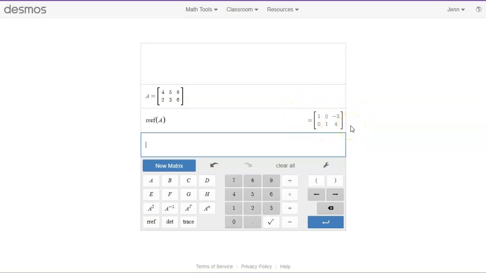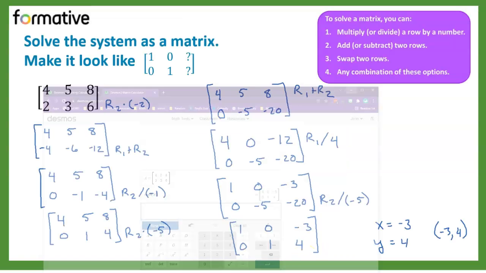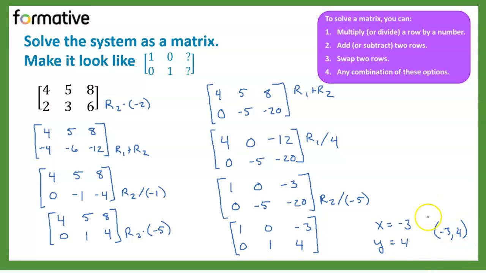So it just did all those steps that we did for us. It just solved that entire equation, says our answer is -3, positive 4, which you'll recall is what we got. So you can use the matrix calculator in Desmos to get to reduced row echelon form and solve systems of equations yet another awesome, fast way.